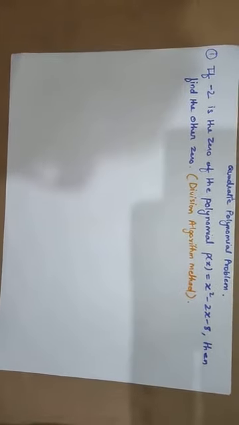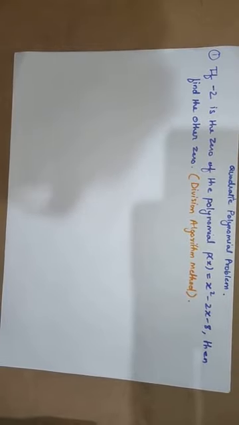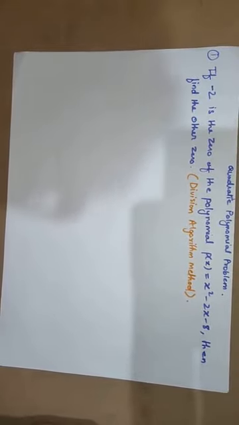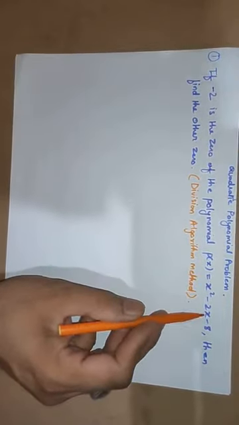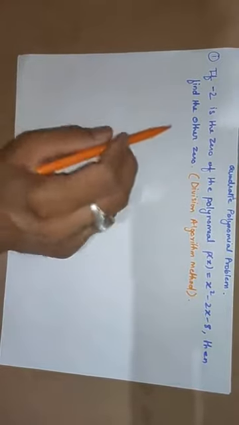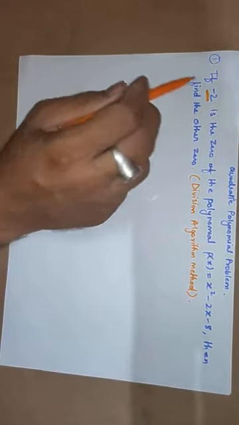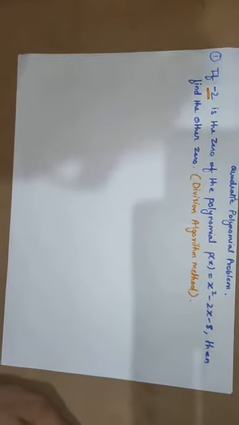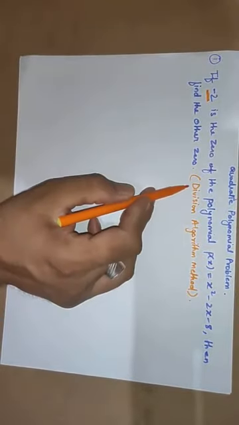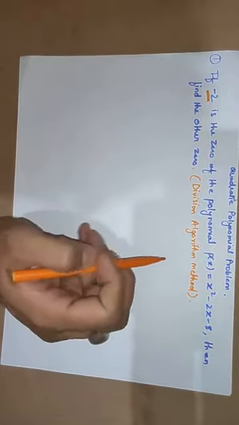The question is: if minus 2 is a zero of the polynomial p(x) equals x square minus 2x minus 8, children, please remember that this is the previous polynomial only, then find the other zero. One zero, that is minus 2, has been given to you. To solve these questions we need to find the other zero by the division algorithm method. Let us see how it goes.